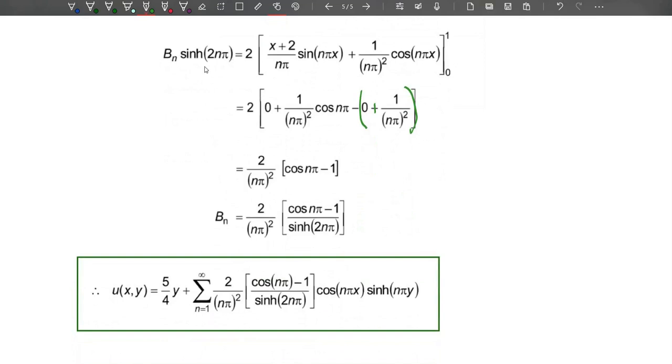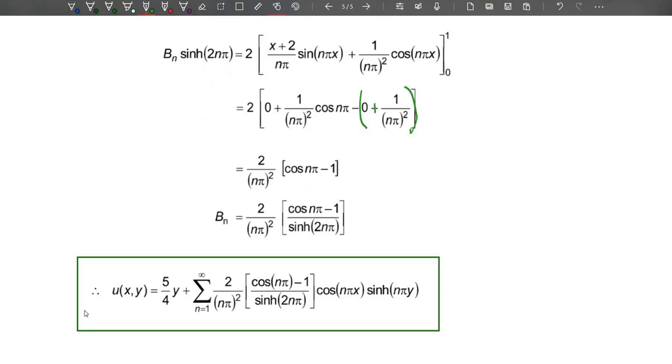Therefore, this is for bn sinh 2n pi. So you need to bring sinh 2n pi to the right, and we have bn equal to 2 over n pi squared, cos n pi minus 1, over sinh 2n pi.